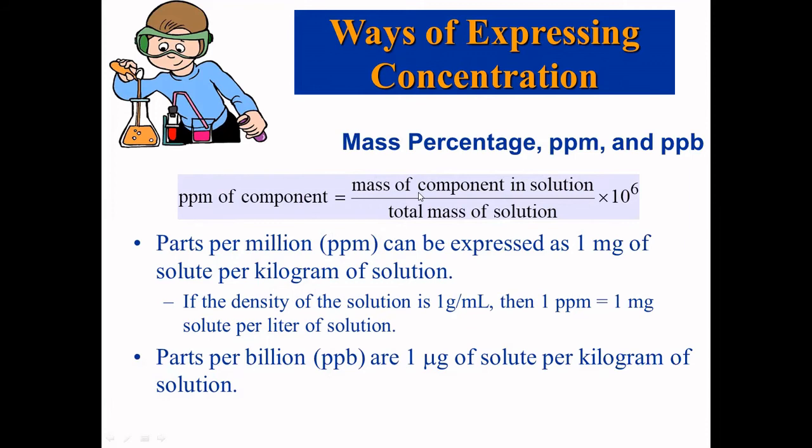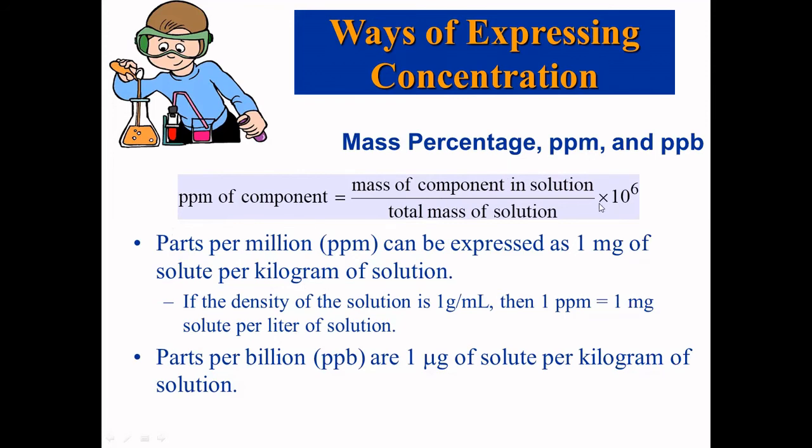Once you need to multiply it by 1 million because it's very, very small, then that's already parts per million. So actually, class, if you want to convert parts per million, you're simply going to express it in terms of percentage by mass. The given amount in parts per million, you have to divide by 1 million. That is already its fraction, and when you multiply it by 100, that is the percentage by mass.